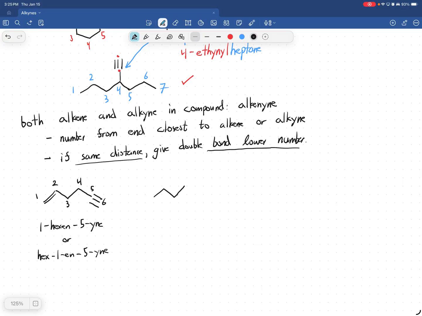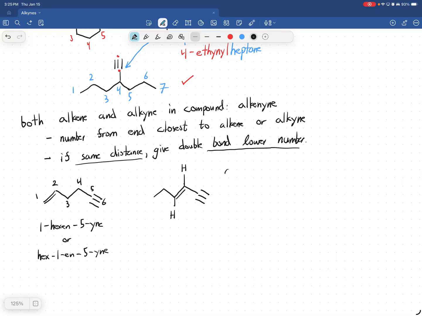So if your double bond has geometry, remember E or Z alkenes, we have to specify that. For this example, what kind of alkene is this? Is it a cis alkene or trans? The H's are pointing in opposite directions.